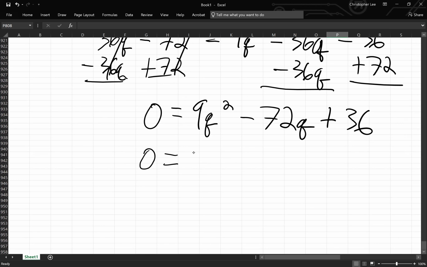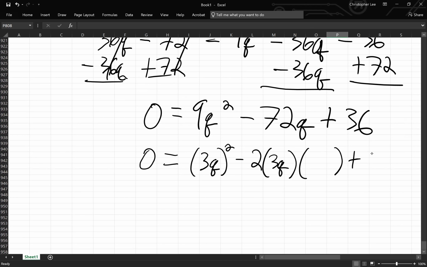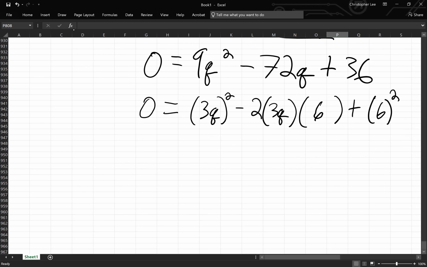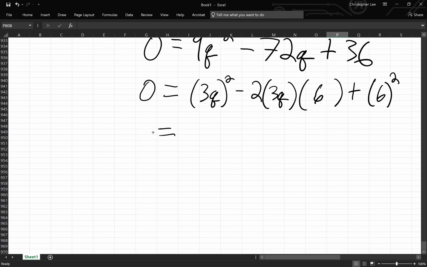You got what? Yeah, you could do it like this. 3q squared is 2 times 3q plus 6 squared. This would be 3q.